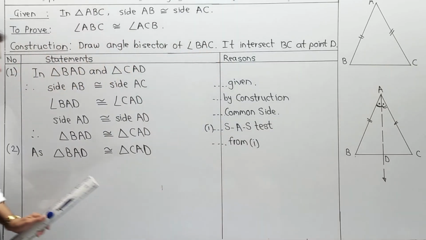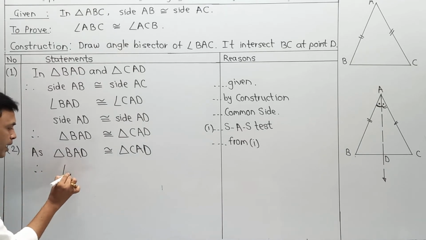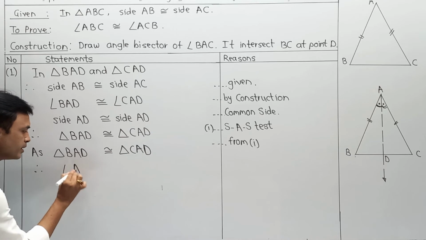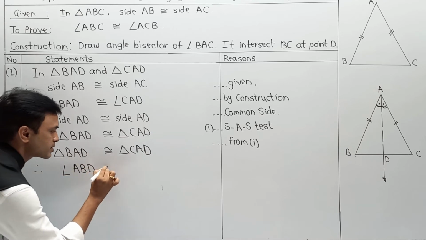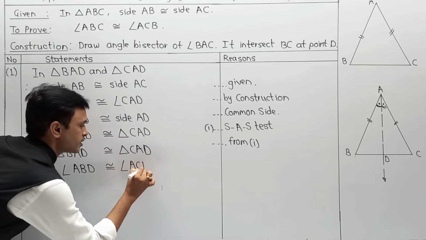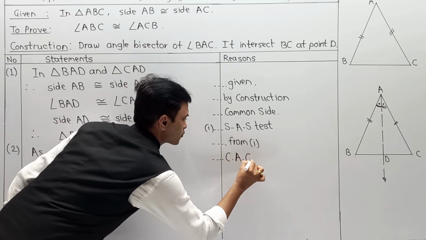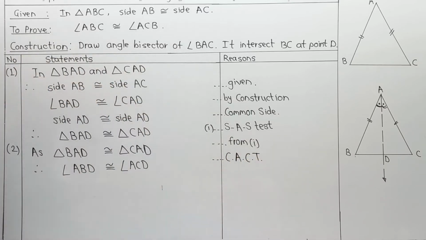So the part over here: therefore angle ABD is congruent to angle ACD. Reason, corresponding angles of congruent triangles.